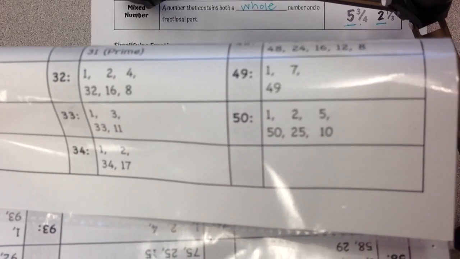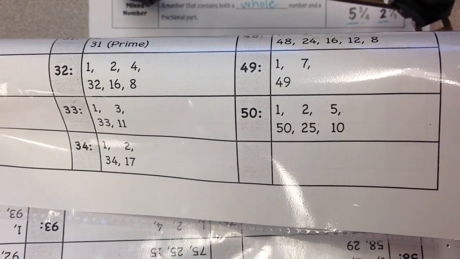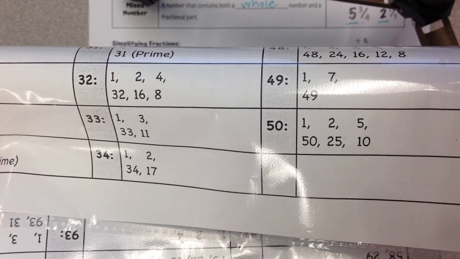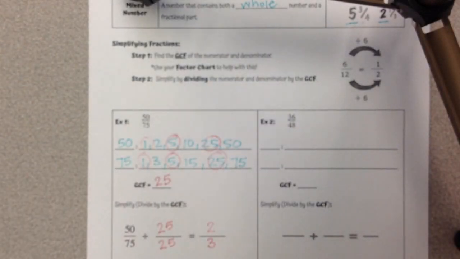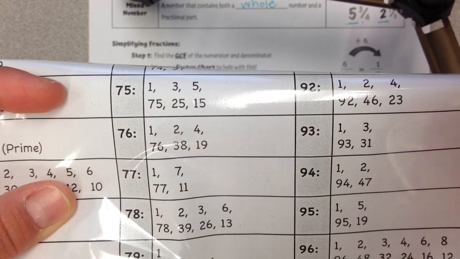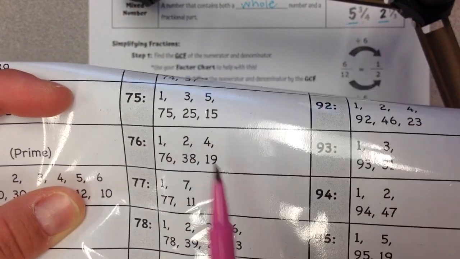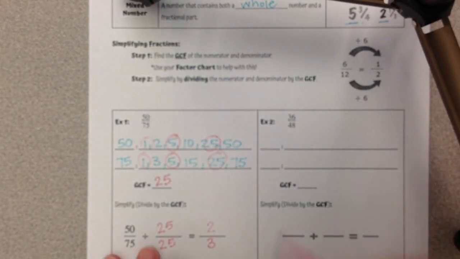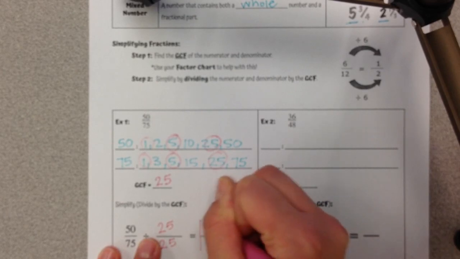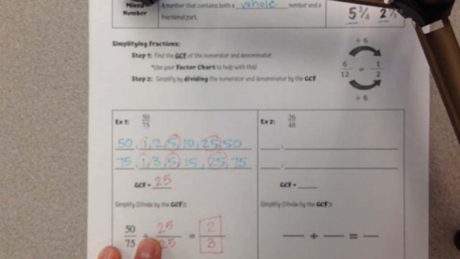So 25 and 2 go together, 5 and 10 go together, and 1 and 50 go together. So 50 divided by 25 is 2. And if I look at 75, if I wanted to know what 75 divided by 25 was, I would look right above it, and there's the 3. Okay? So your simplified fraction is 2/3.